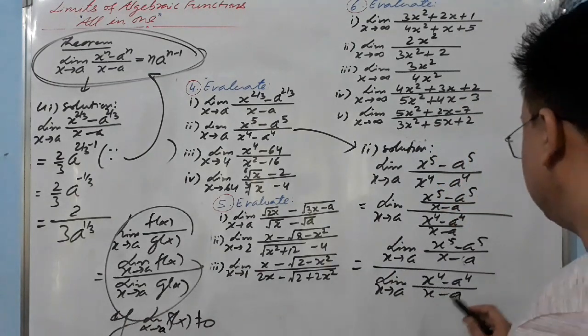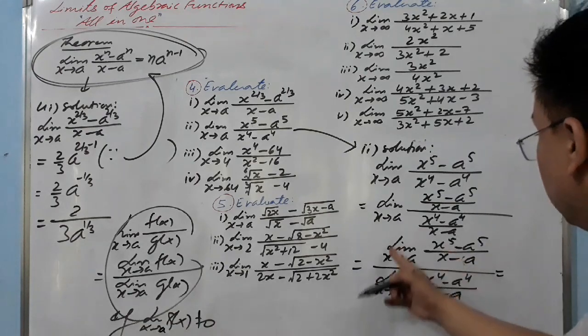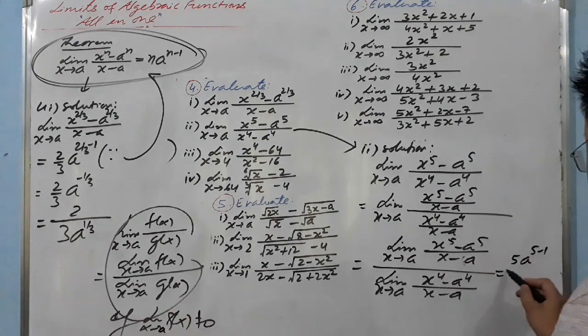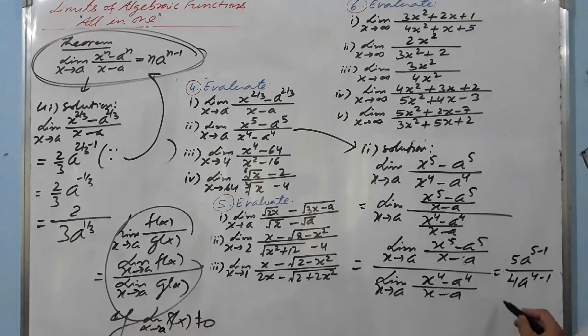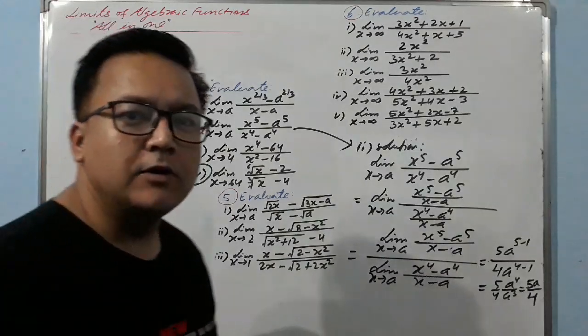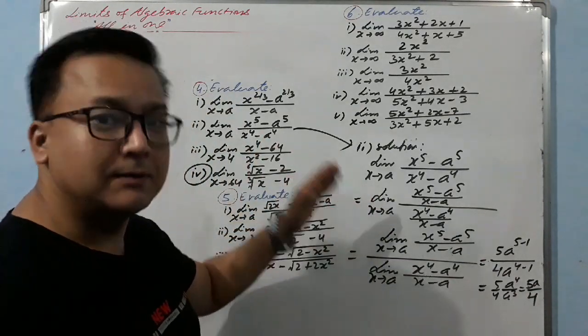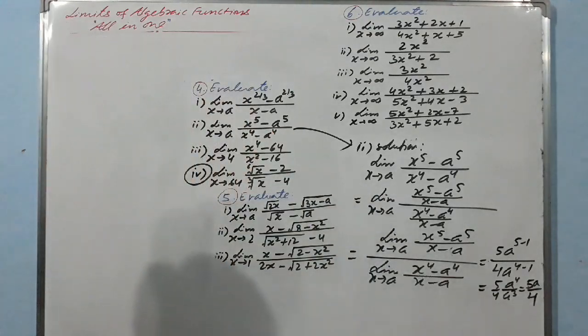Now using the theorem on both, this is equal to 5 a raised to power 5 minus 1 over 4 a raised to power 4 minus 1, which is 5 upon 4 a raised to power 4 upon a raised to power 3, which is 5a upon 4. This is the limit of this function. I think you understood how to find the solution of this question, and which theorem we applied here.